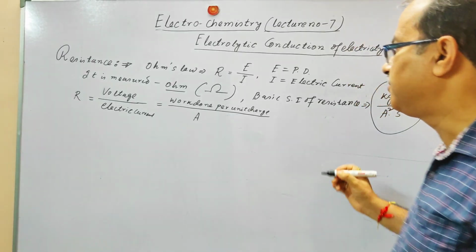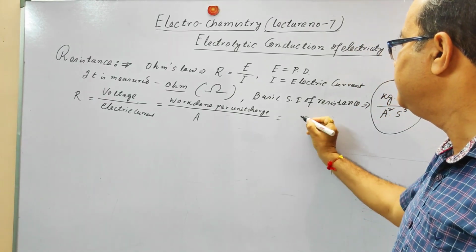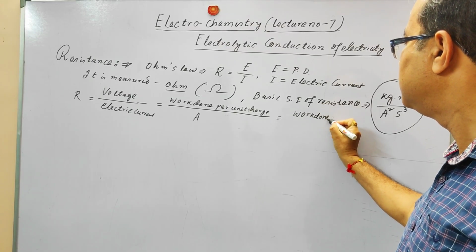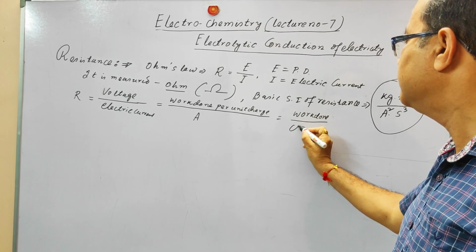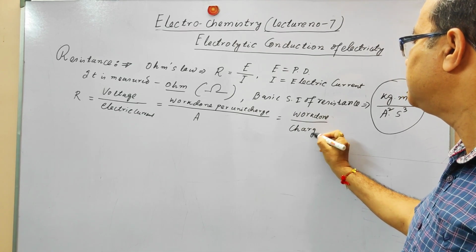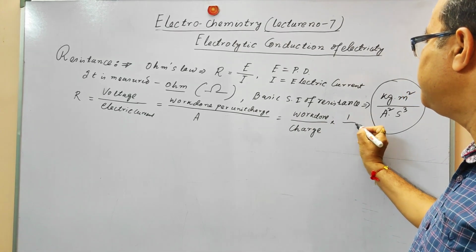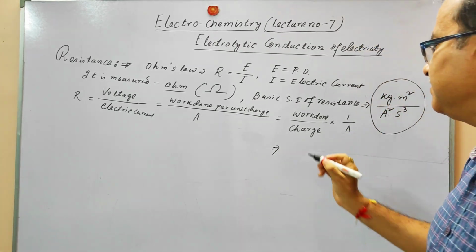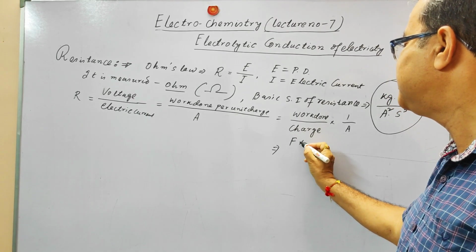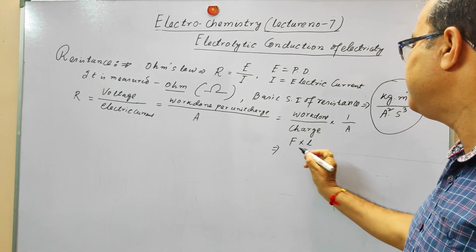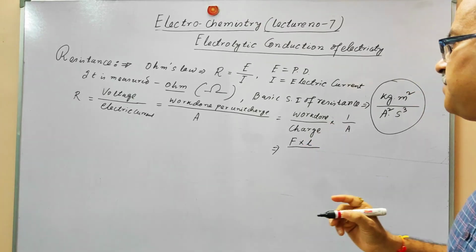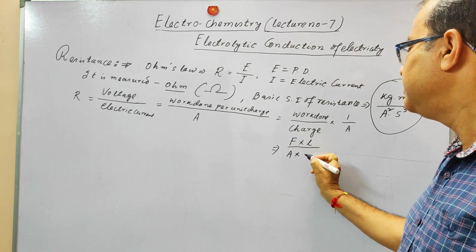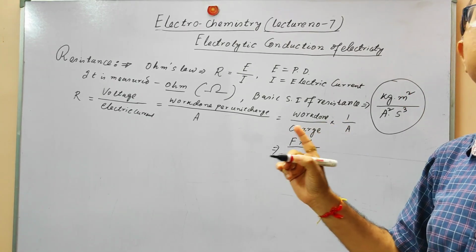Now we can transform this expression in this way: work done divided by charge, because it is per unit charge, and this is 1 by A. And we know work done is force into distance. Suppose force is F and distance is L. Force into distance, F into L, and charge we know is ampere into time. The unit of time is second.